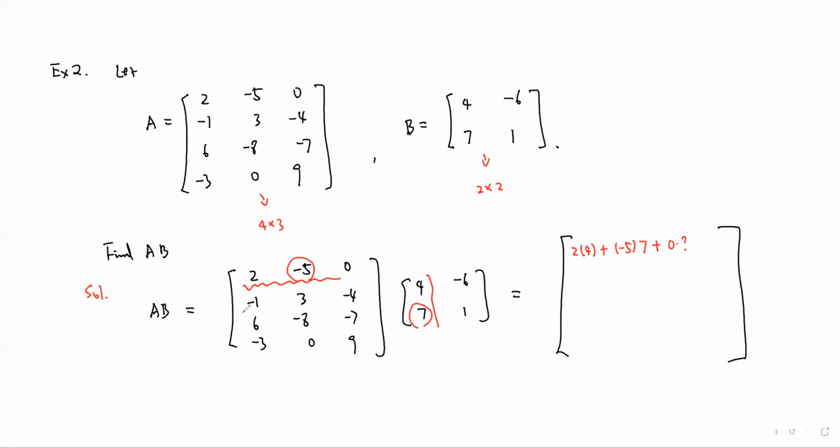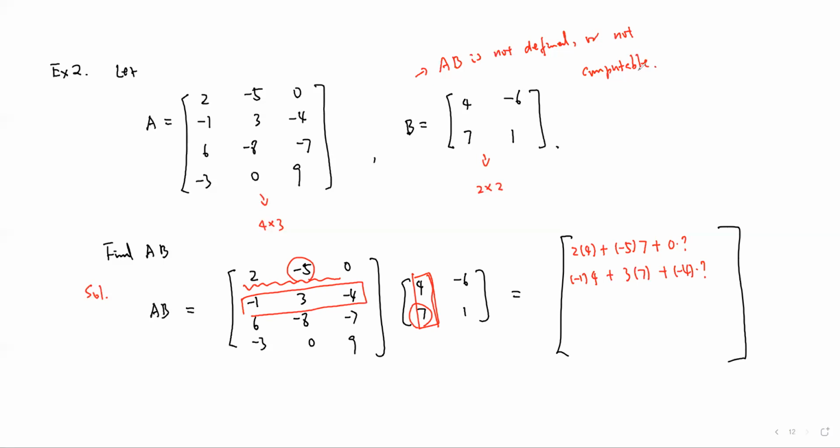The 2-1 entry should be row 2 times column 1: -1 times 4, plus 3 times 7, plus -4 times nothing. Not computable. So the answer is A times B is not defined, or not computable. That is the answer.